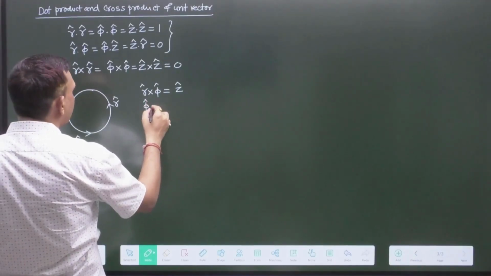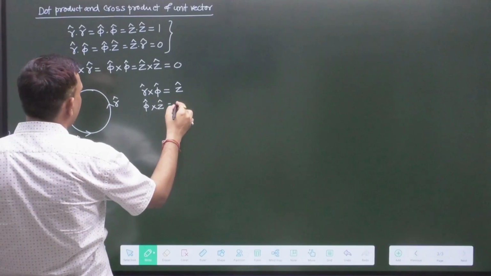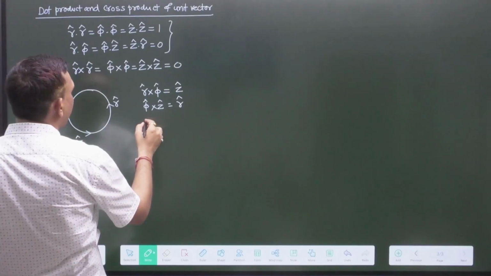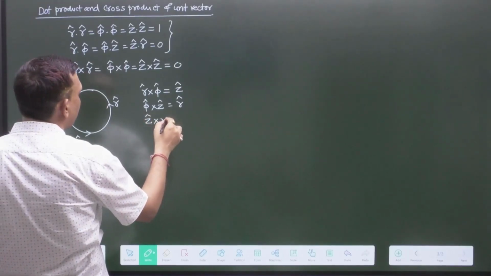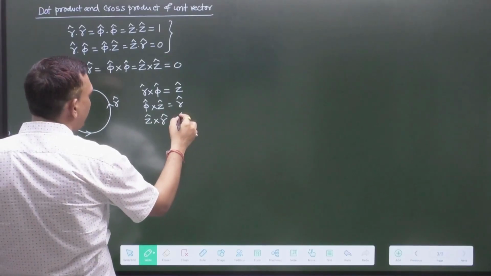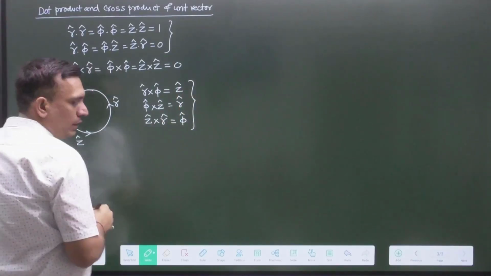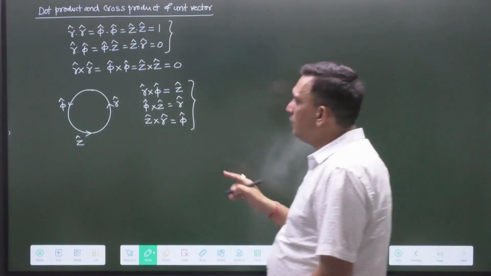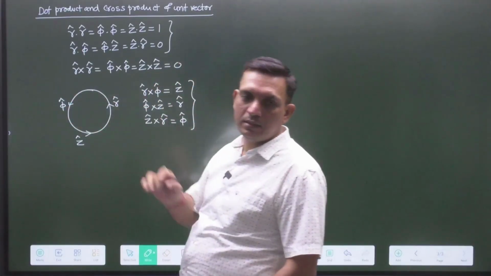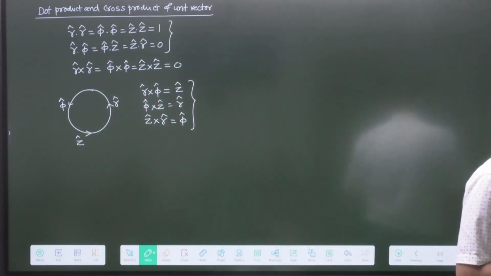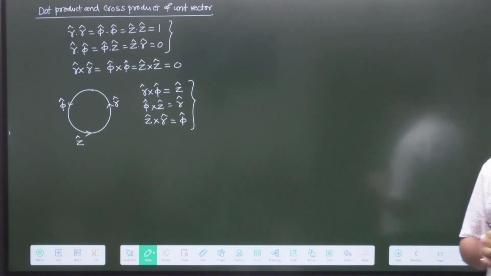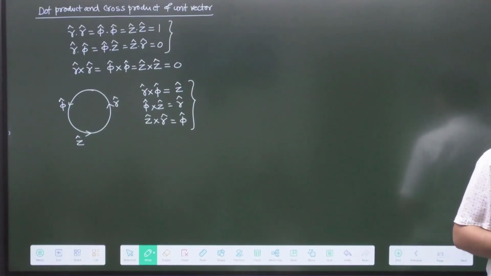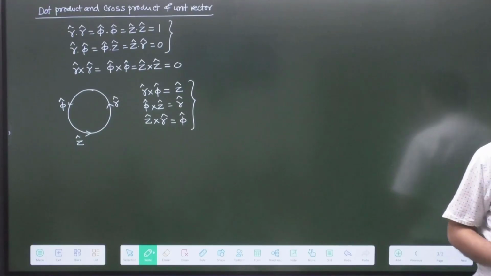Phi cap cross Z cap is R cap, and Z cap cross R cap is phi cap. So this is the right hand rule for cross product of these vectors. If you move in anti-clockwise direction, you will get positive sign, and if you move in clockwise direction, you will get negative sign. Okay? So that is all about the cylindrical coordinate system.